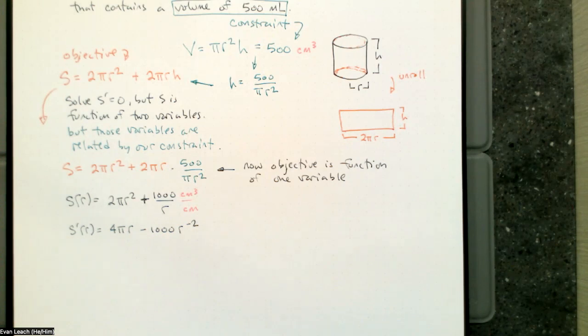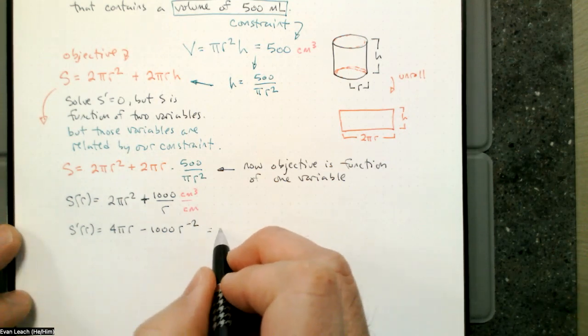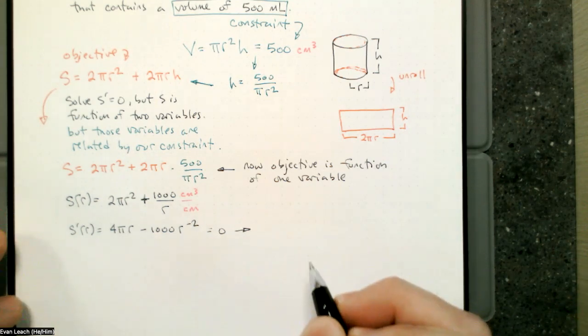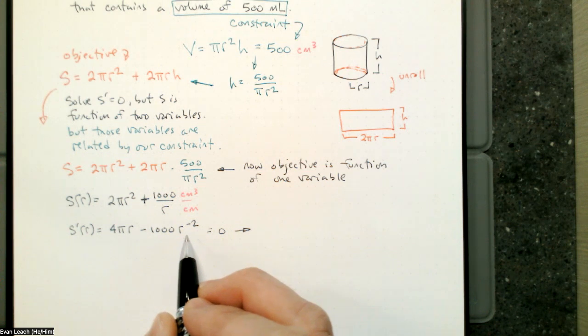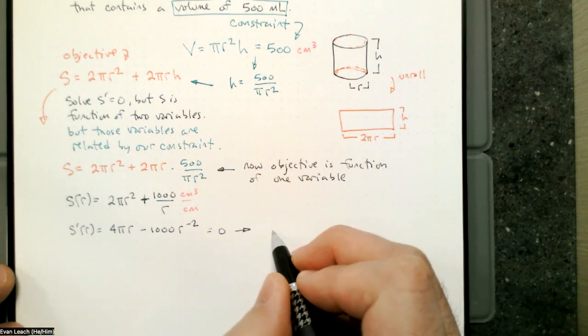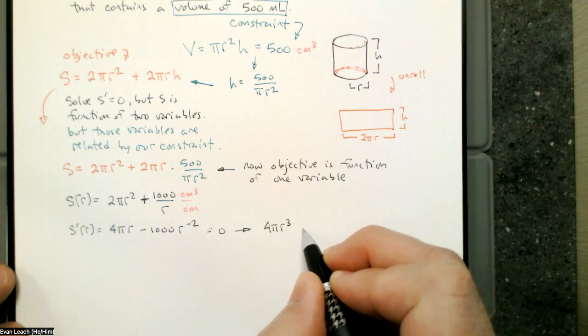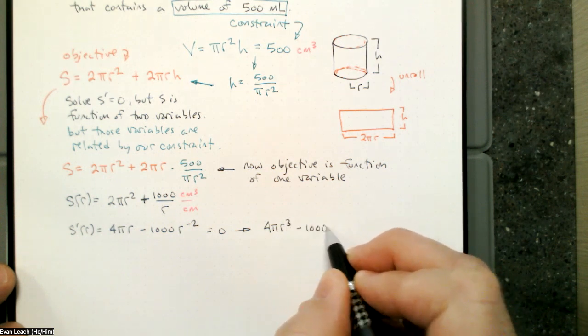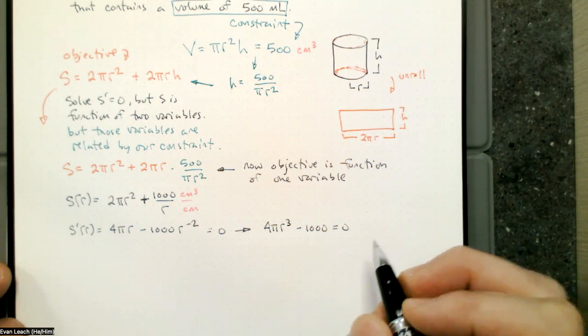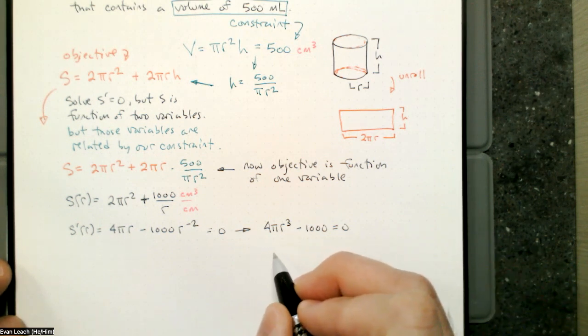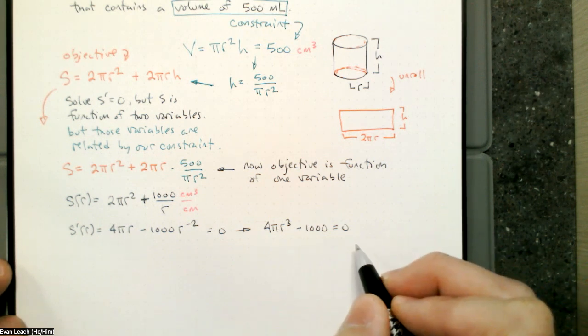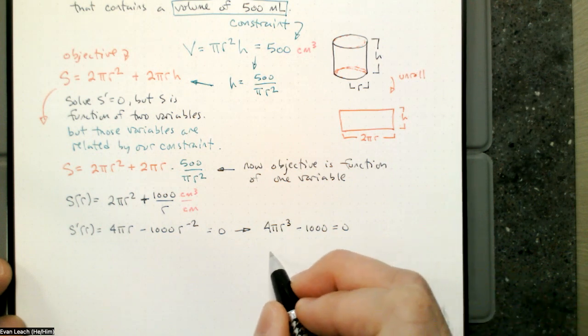We're going to set this equal to 0 and solve. I'm going to multiply by r squared. So I'll get 4 pi r cubed minus 1000 is equal to 0. So this tells us that r should be the cube root of 1000 over 4 pi.